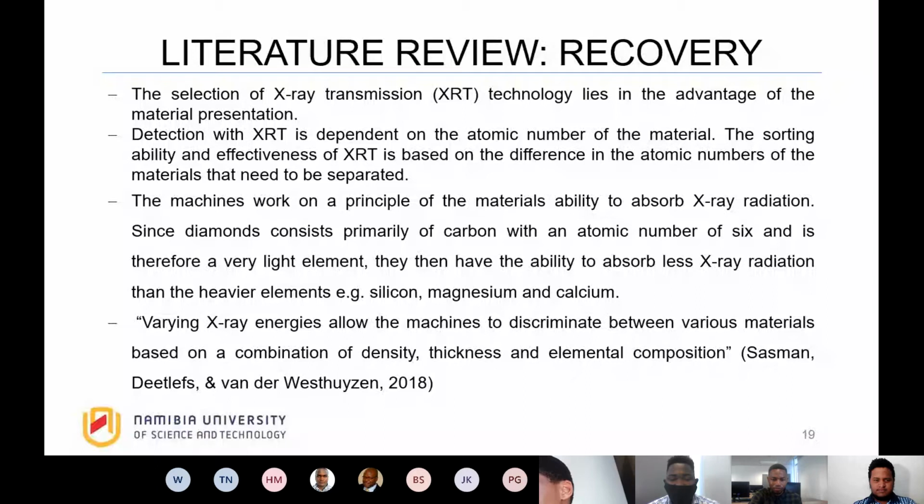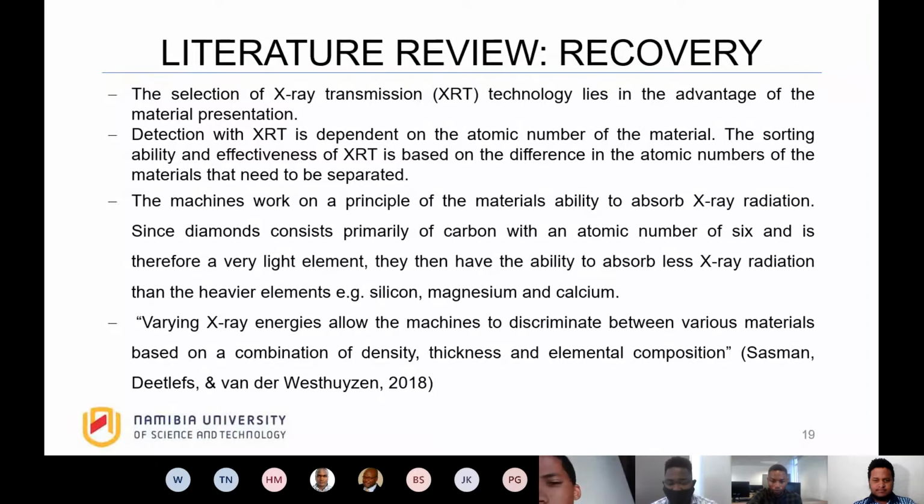So fluorescence, if the diamonds really do have that as a property, won't really matter because your XRT is dependent on the atomic number of the material. The effectiveness of your XRT is based on that difference in atomic numbers of the materials that you want to separate.